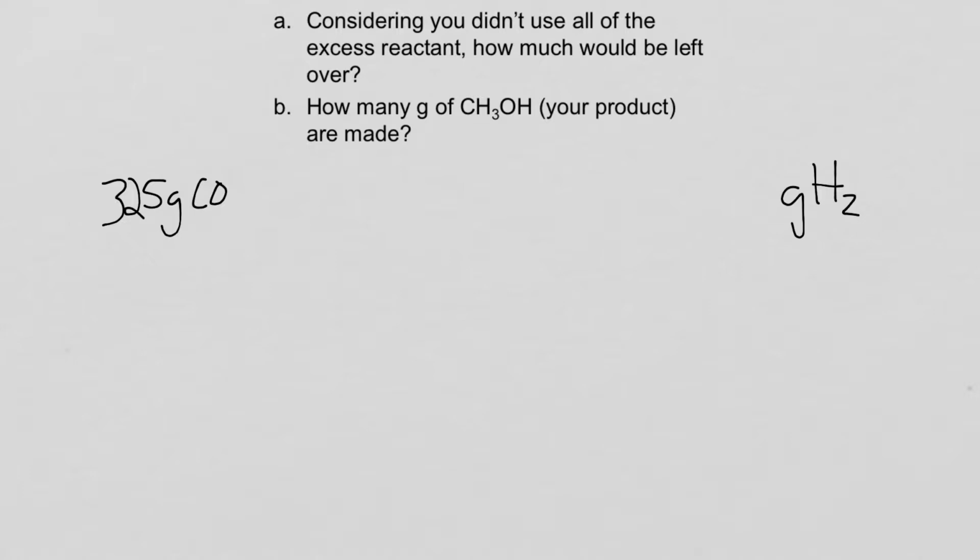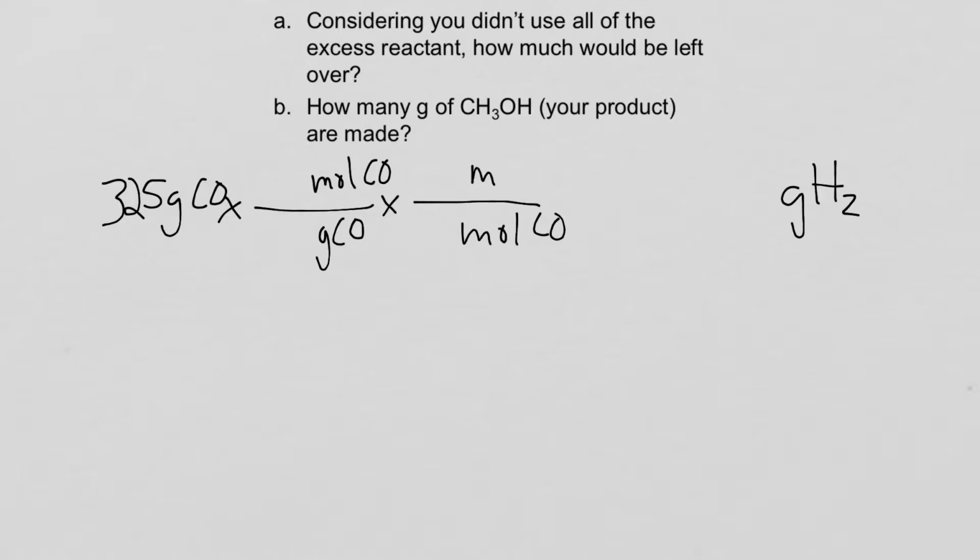So this is a grams to grams. This is section 9.2. So grams of carbon monoxide to moles of carbon monoxide, and then moles of CO to moles of H2. Again, this is our 1 mole ratio that we can convert using our chemical equation to go from one substance to another. And mole of H2 to grams of H2.